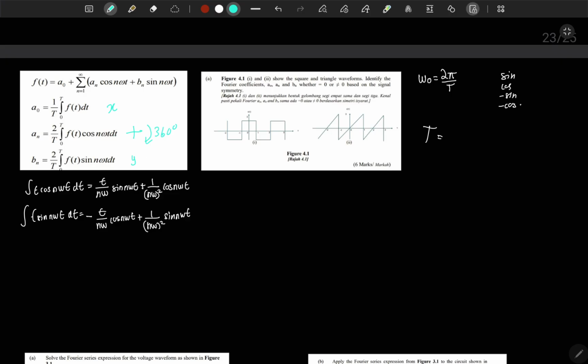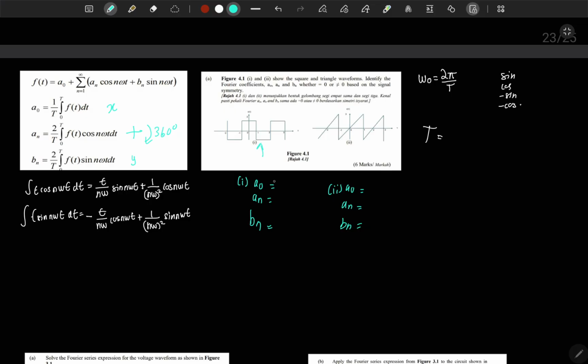Now there is an example question for us to look at. Now we are given these two graphs and we need to determine both of them. Okay, so we have a naught, an and also bn. For this graph we have a naught, an also bn. Now for a naught, okay, if we rotate this 360 degrees, does it look the same?